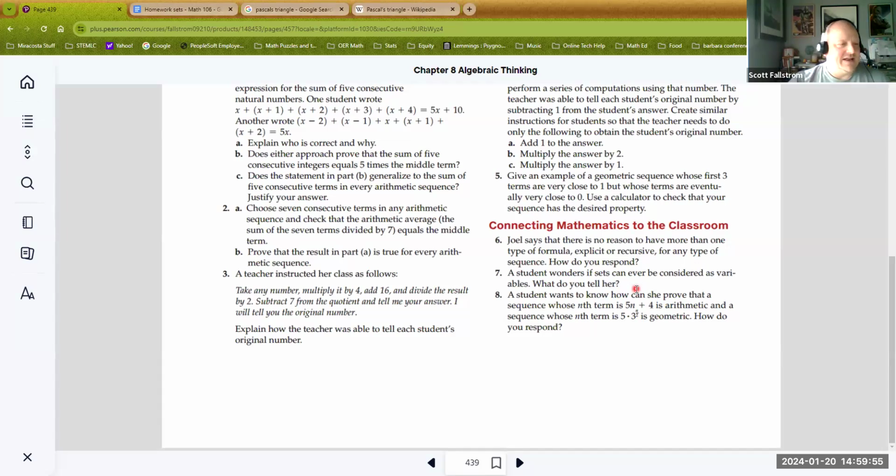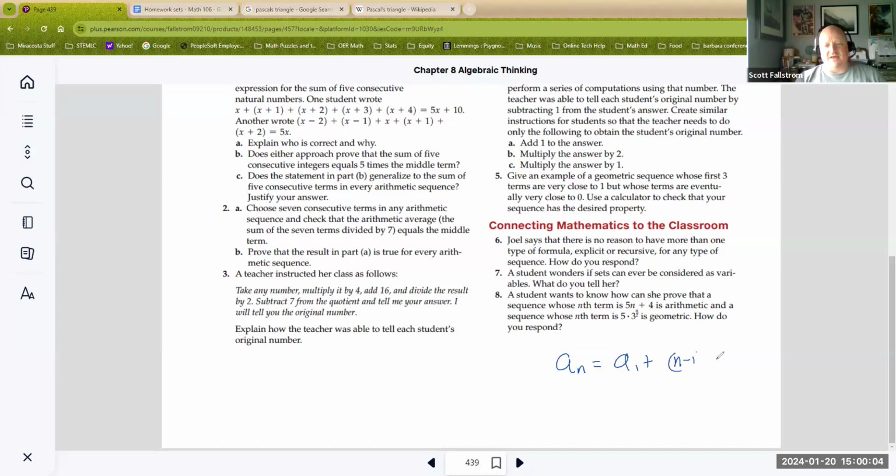If you're wondering what that actually represents, an explicit formula for the nth term in an arithmetic sequence looks something like this. I would need the first term, how many terms, and the common difference. However, if I was just thinking about how to get from one term to the next, I would have what is known as a recursive formula.